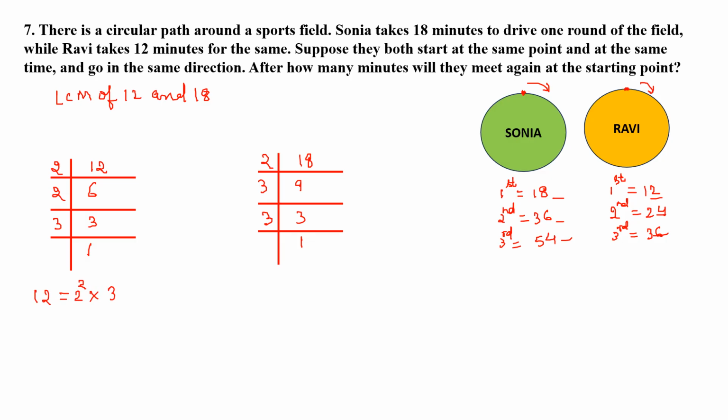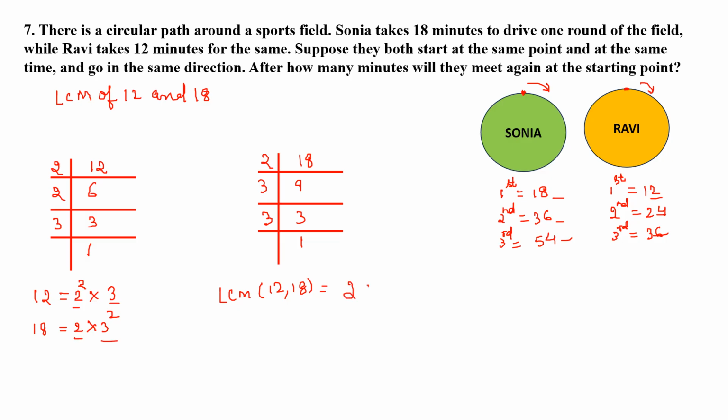And 18 I can write as 2 into 3 square. And you have to find the LCM of 12 and 18. Now to find the LCM, what you have to do? You have to take the greatest power of each prime factor. So here the prime factors are 2 and 3, here also 2 and 3.